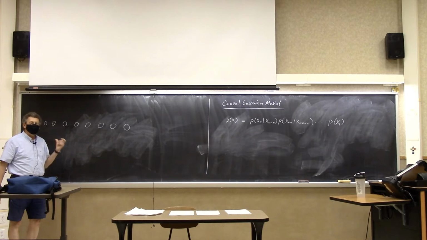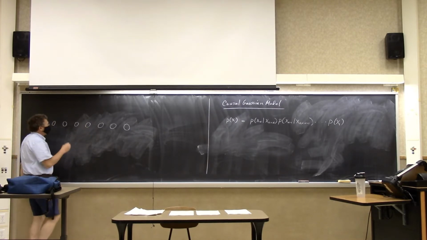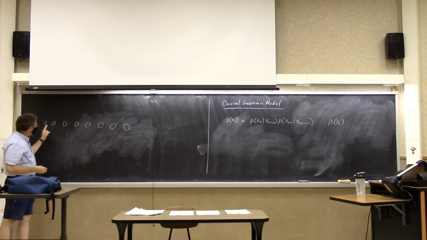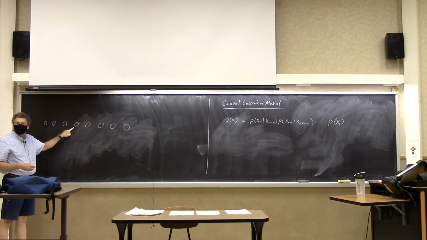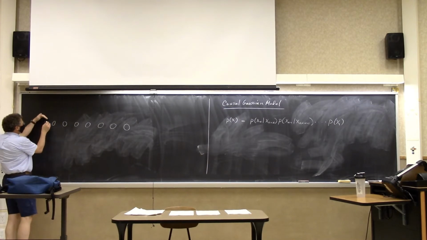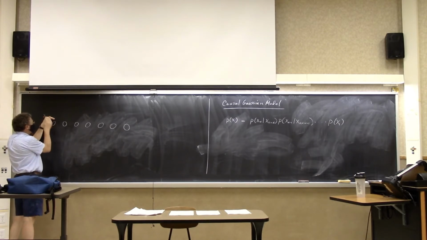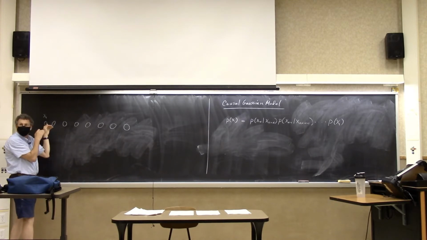So the intuition is, these are the equations, but the intuition is this: if you want to ask for the probability of the sequence, you can ask for the probability of each new step in the sequence, okay? It's like you start off by saying this is x1, what's the probability of x1? Then what's the probability of x2 given x1? Then what's the probability of x3 given x1 and x2, right?